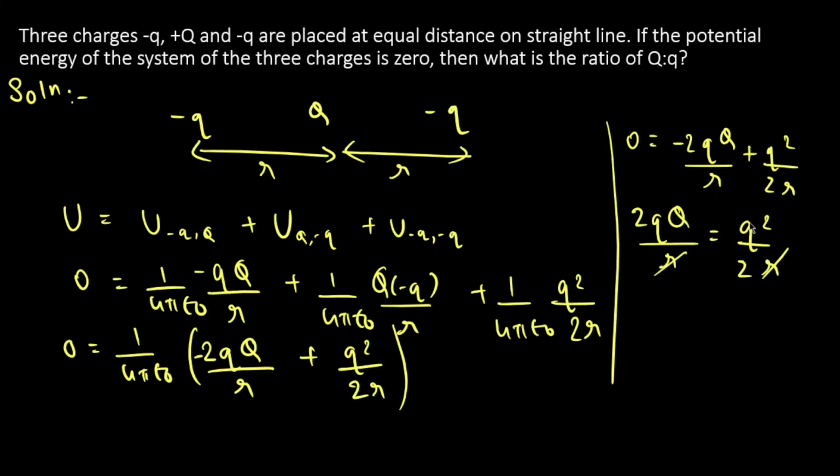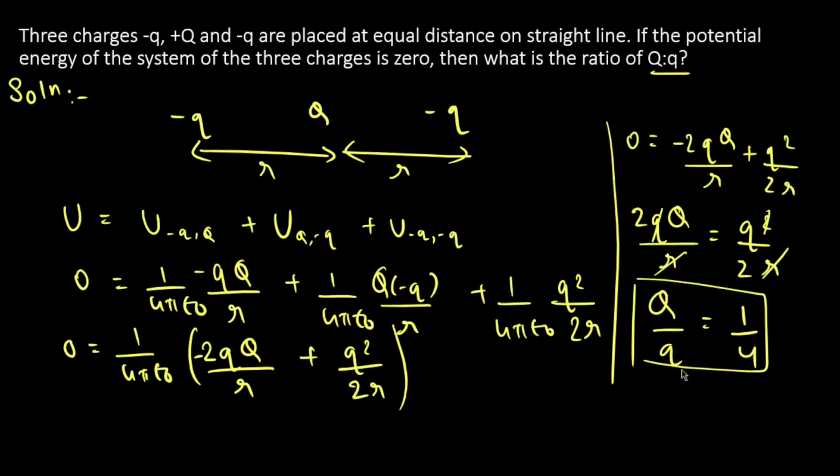R gets cancelled, and one q gets cancelled. If what we want is the ratio of capital Q to small q, then if this 2 goes here, it will be 1 ratio, so the ratio of the two charges is 1 by 4.